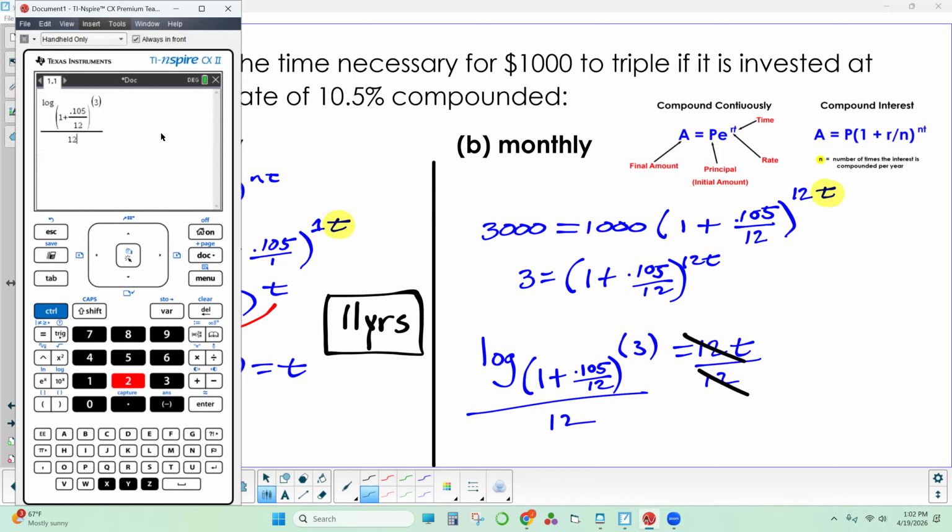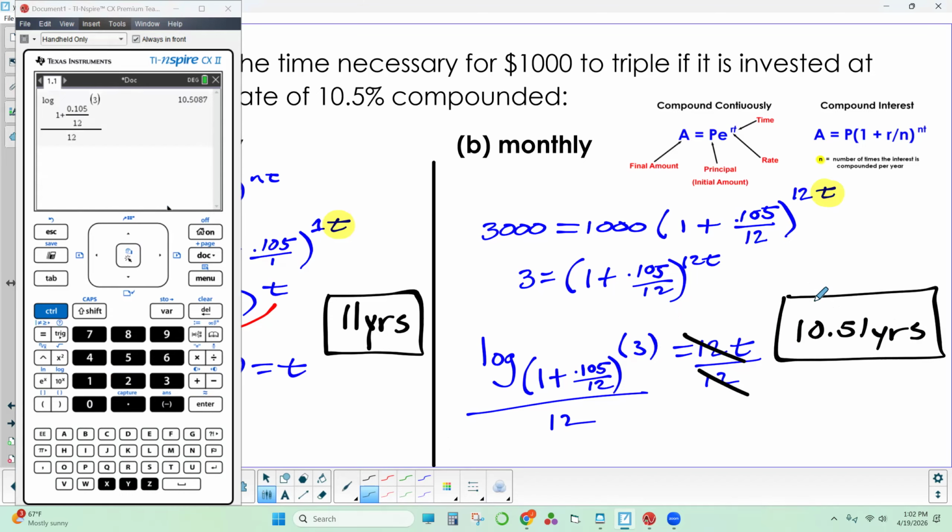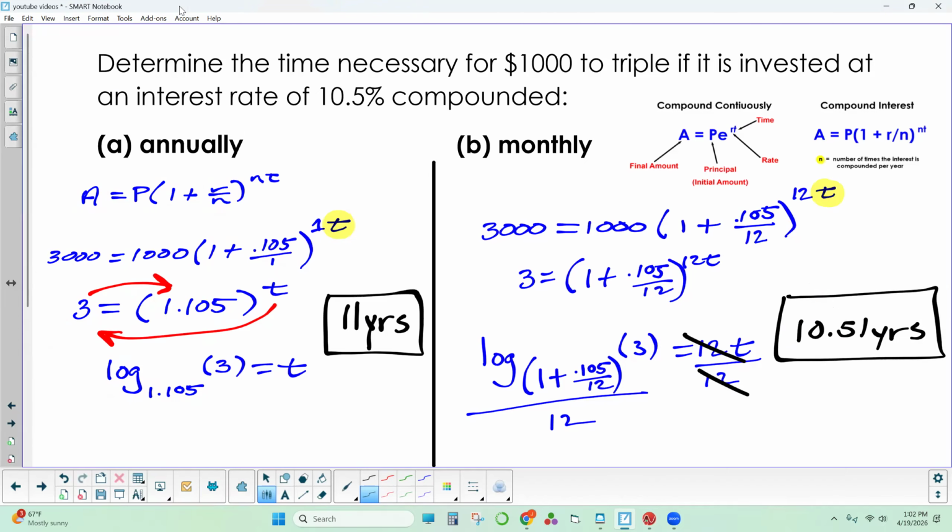So everything looks good. Enter. And we've got 10.51 years rounded to the hundredths place. So a little shorter time to triple our money if we compound monthly, which makes sense because we are compounding more frequently. And there's our answers.